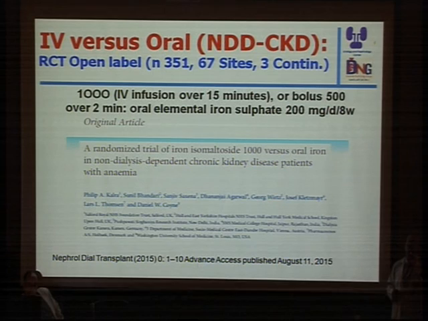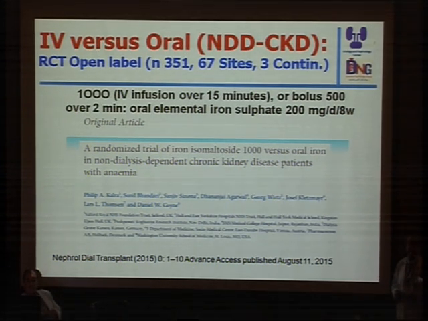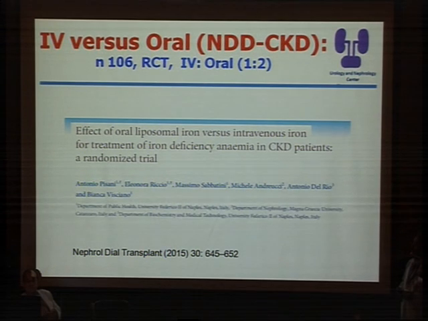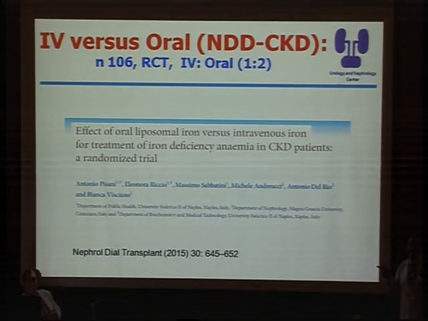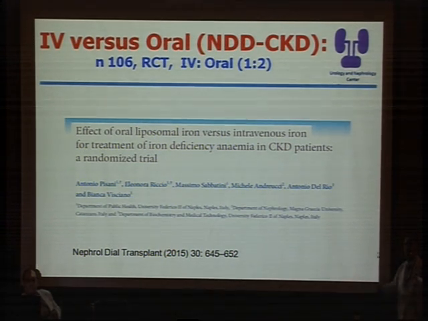I'm not going to discuss the different randomized controlled studies, to allow time for practical points. This is one of the studies showing different forms of iron and the comparison. This is the effect of liposomal iron. This is a smart study. Why? Because in the gut there is a maximum absorption capacity.